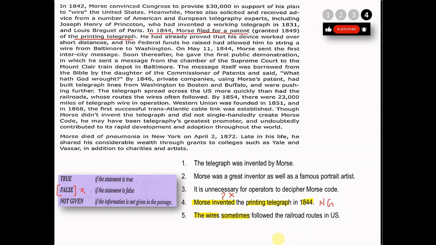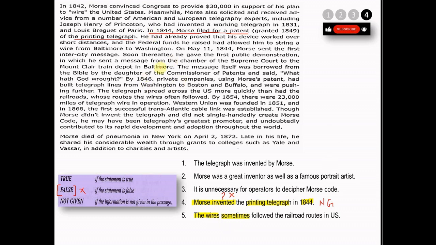Words like sometimes, often, always, never, only, I call them game changers. Ultimately these change the meaning of a particular sentence. We'll find out whether the wires followed the railroad routes in the US, and whether it is sometimes, often, always, or never.